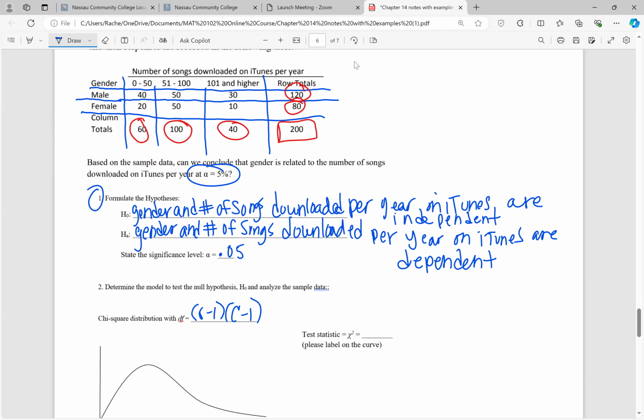We take the number of rows minus 1 times the number of columns minus 1. In this case, we have male and female, so 2 rows, so 2 minus 1, times the number of columns, which is 3, because we have 0 to 50, 51 to 100, 101 and higher. So 2 minus 1 times 3 minus 1 is 2. This distribution has 2 degrees of freedom.